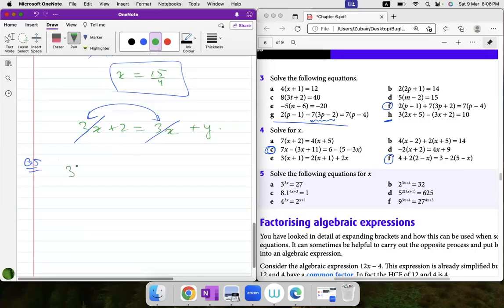It says 3 raised to the power 3x is equals to 27. Any guess how you would deal with this question? Maybe X could be 1 because I know 3 cubed is 27.